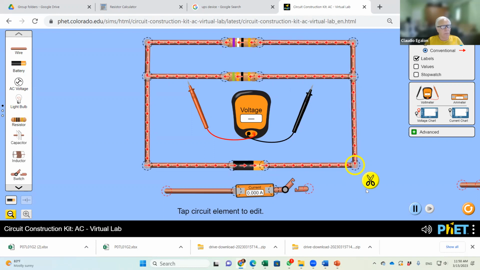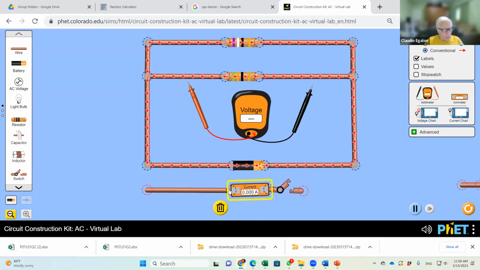Here is my current flow in the circuit. And now I'm going to connect my ammeter. You don't do that in real life, okay? Otherwise, you can damage the device. Strictly speaking, you don't damage the device, you damage something else.